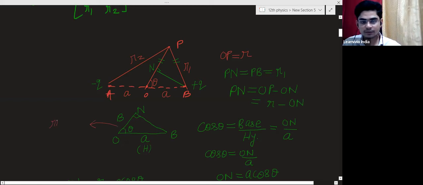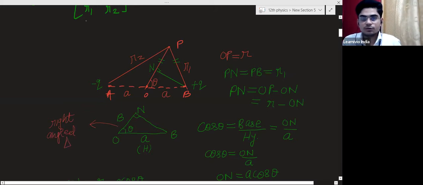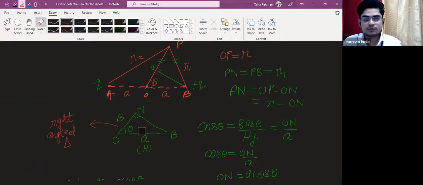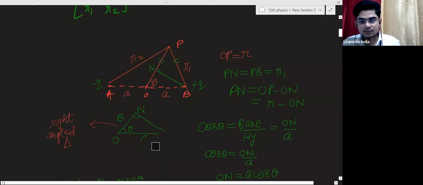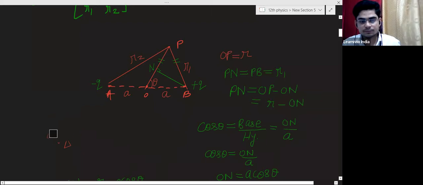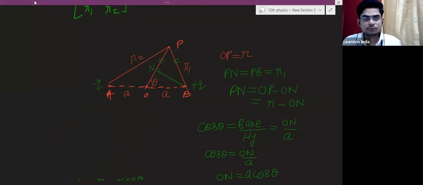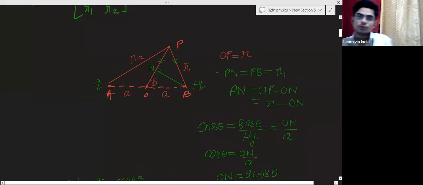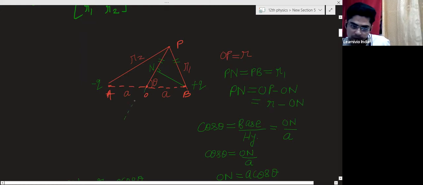Right angle triangle I am looking at. So I am erasing this for the further construction. So now what I will do, I will extend this line PO, like this.